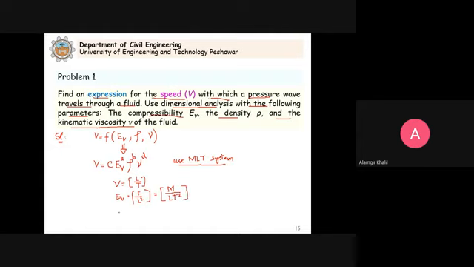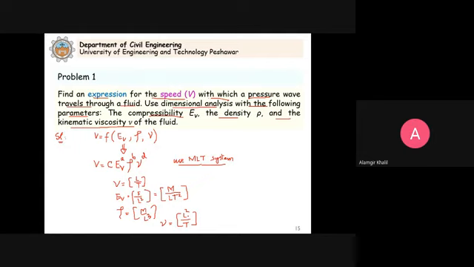Then we have the mass density, that is M divided by L cube. And we have the kinematic viscosity, which has the units of L square divided by time. So these are the dimensions.